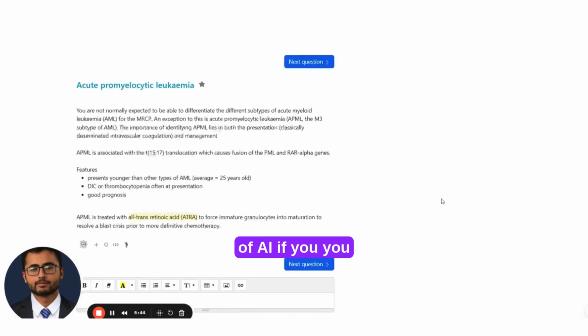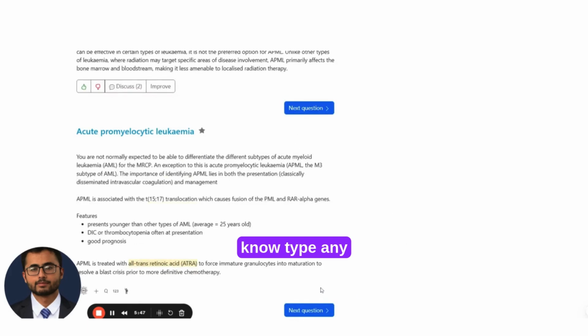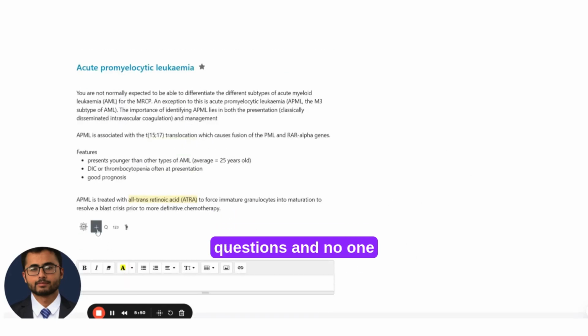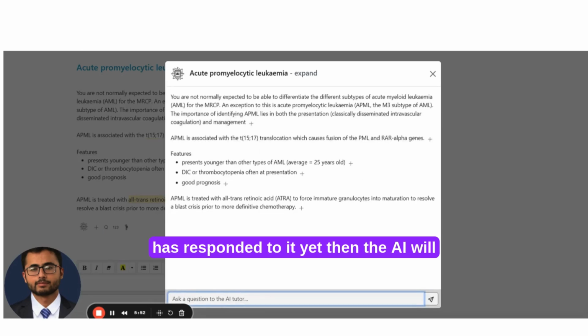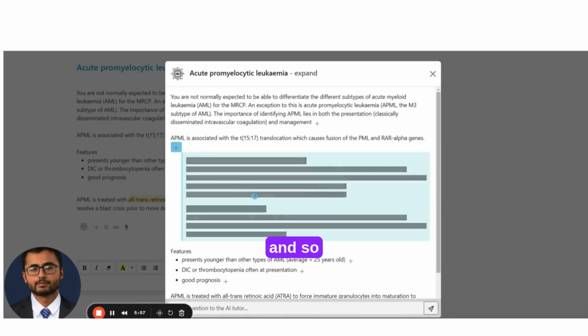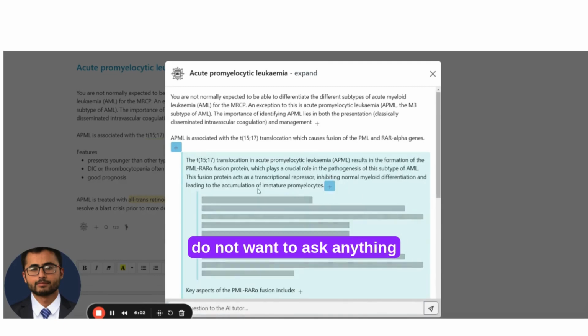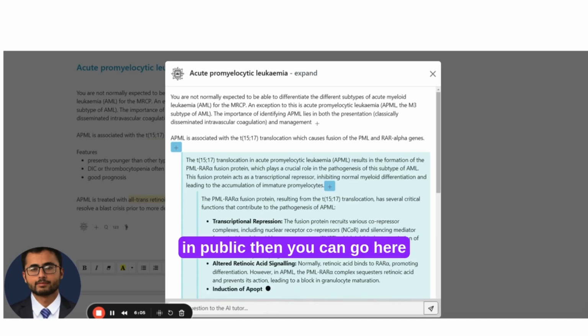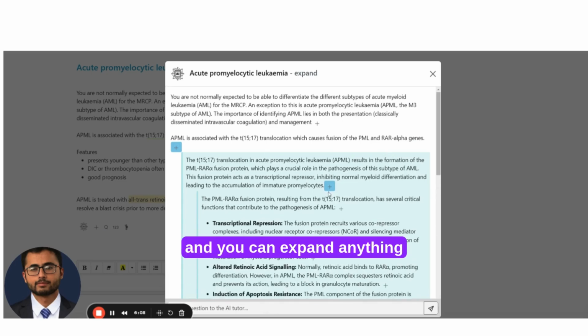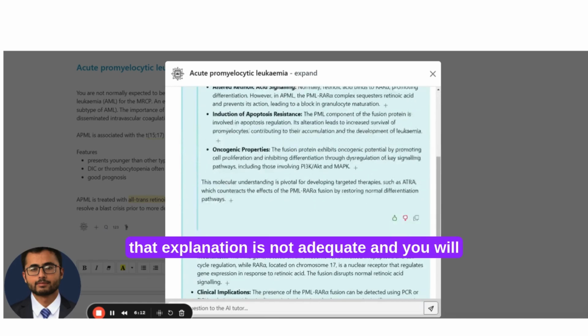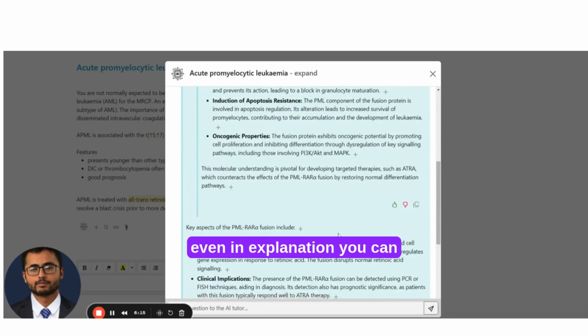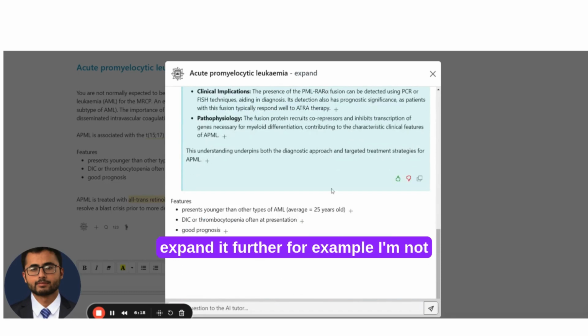If you type any question and no one has responded to it yet, then the AI will take over, and the explanations are really good. Also, if you are shy and do not want to ask anything in public, you can go here and expand anything where you find the explanation is not adequate, and you can expand it further.